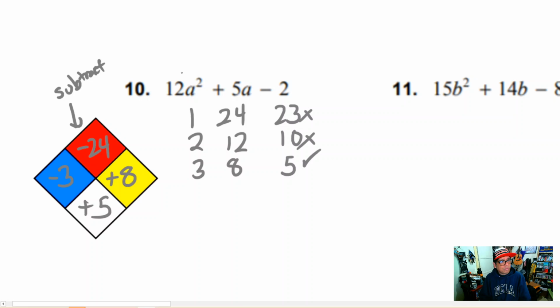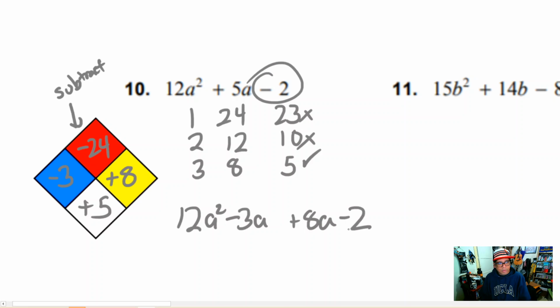Let's write this down. We've got 12a squared to start off with, and then minus 3a, and then plus 8a, and then minus 2. Hopefully you got that pattern now. Now we're going to group these together.